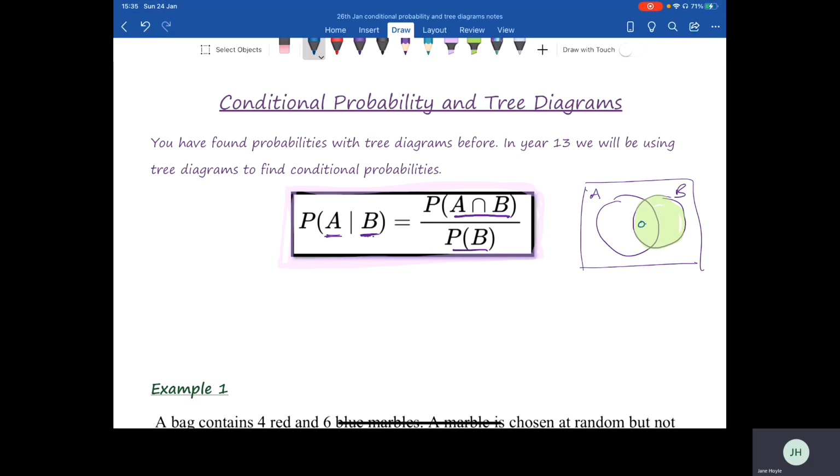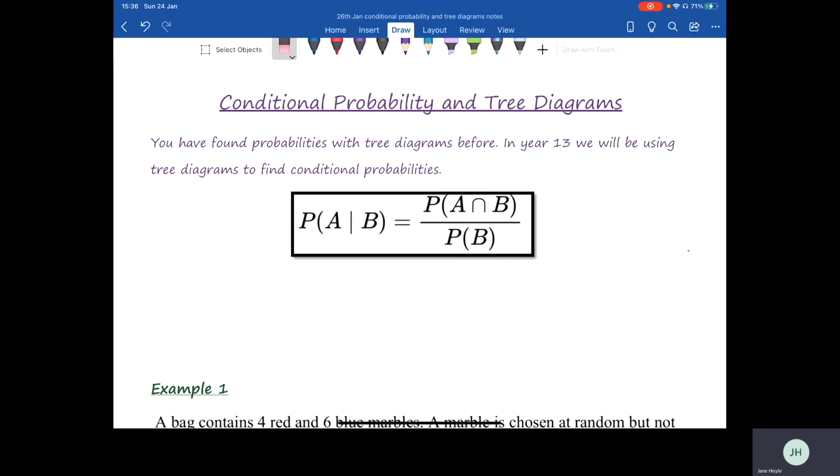So you might have a 0.2 there, 0.4, 0.3, and 0.1 outside. We can use this formula with the probability of A intersection B. We can just take the 0.2 divided by the probability of B, which would be both of those two combined. So we can see how it works from the Venn diagram.